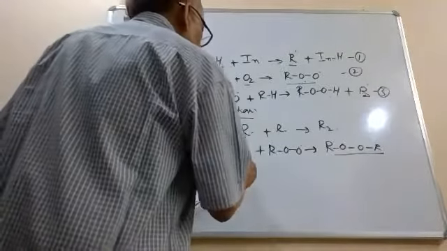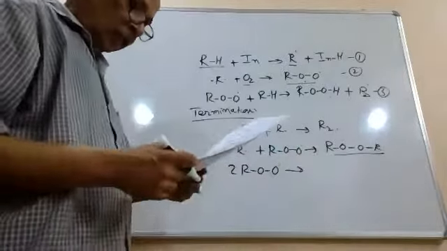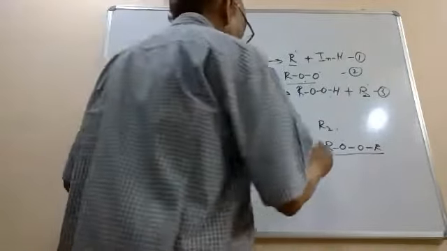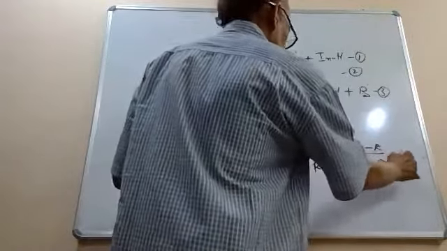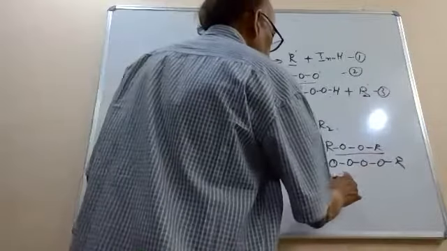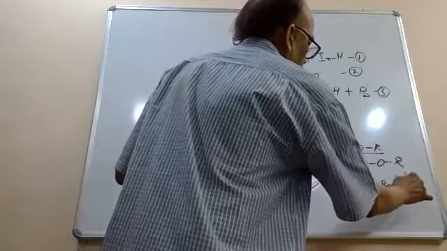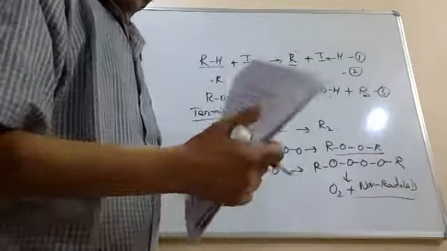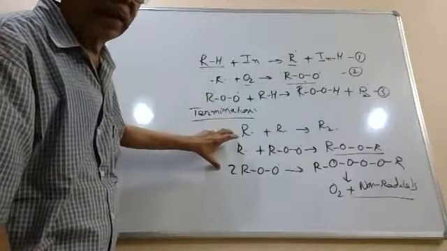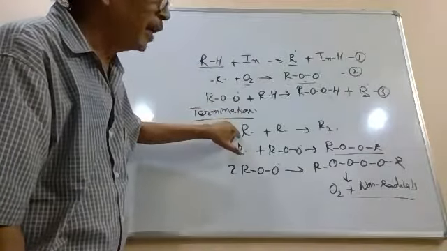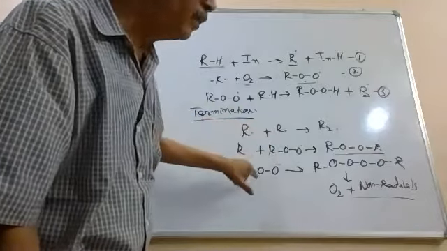And finally, we can also have two of these peroxy radicals give what we call superperoxy compounds like this, which will break down into oxygen and non-radicals. So here is the mechanism on the top, and here are the problems with the mechanism, because if you were to generate free radicals, these free radicals can terminate themselves in one of three ways.